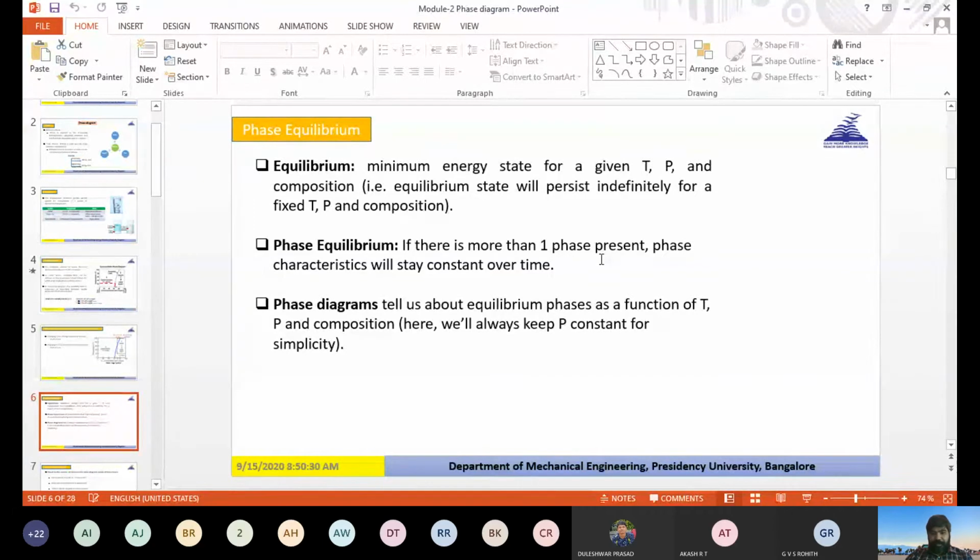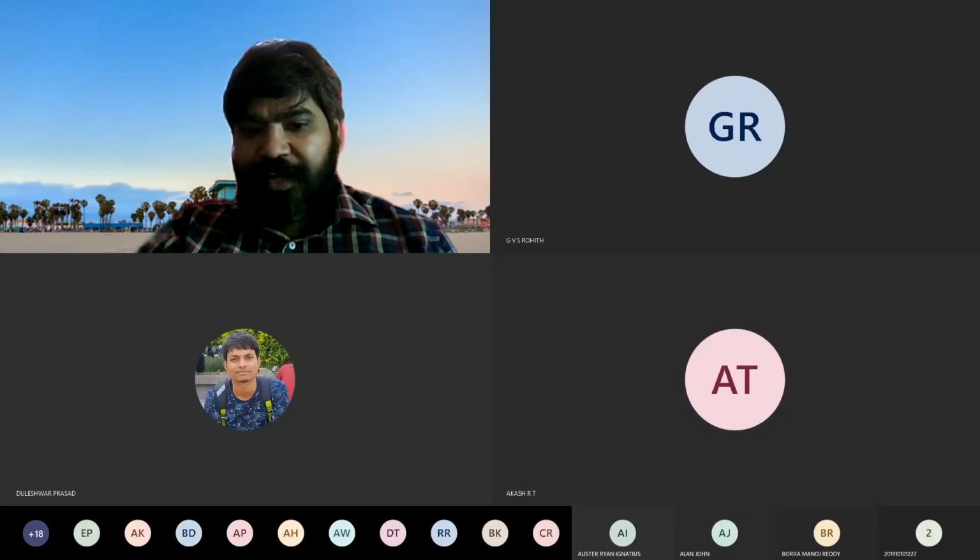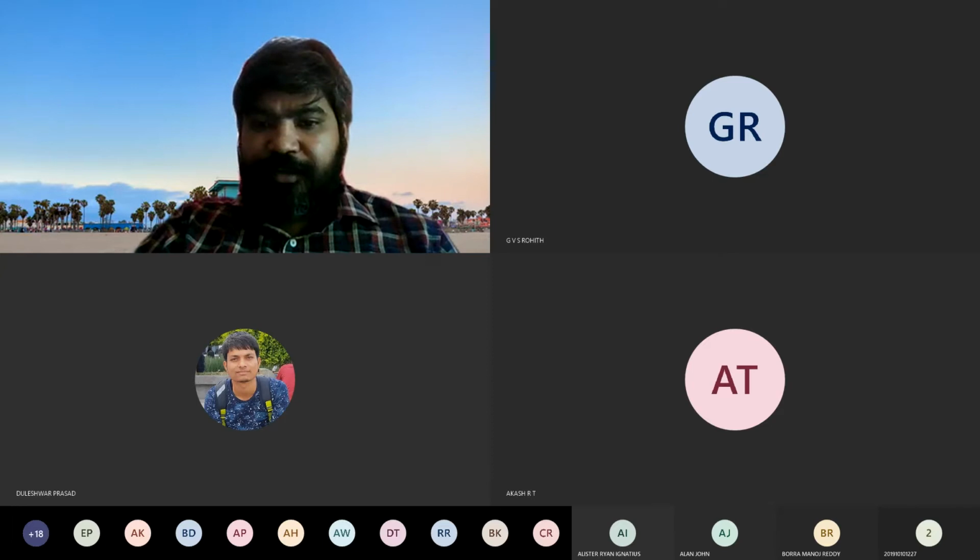Let me explain these things again. Let me take the help of this whiteboard again. I am very much emphasizing this concept because it is very important to understand. Once you understand these very basic definitions, then in the coming lectures you won't face any difficulty.